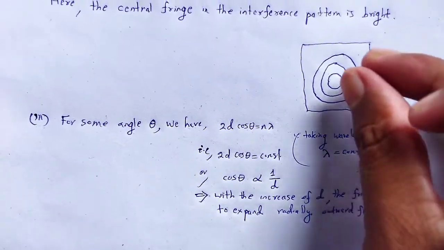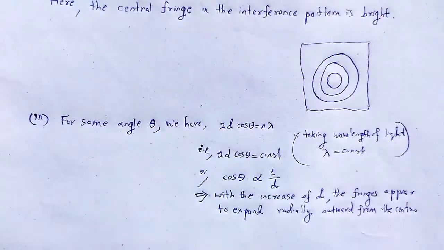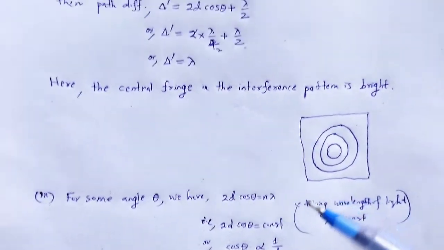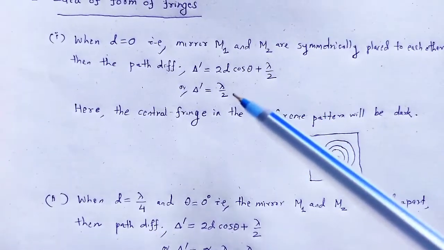So the fringes move radially outward from the center. In this way circular fringes are obtained.